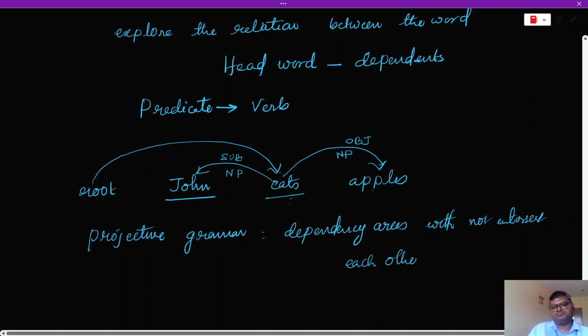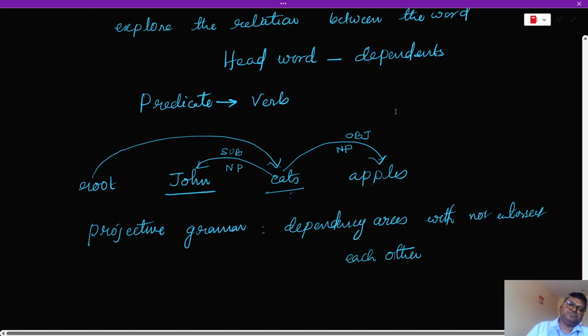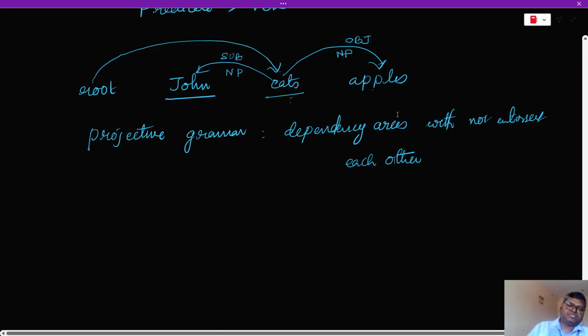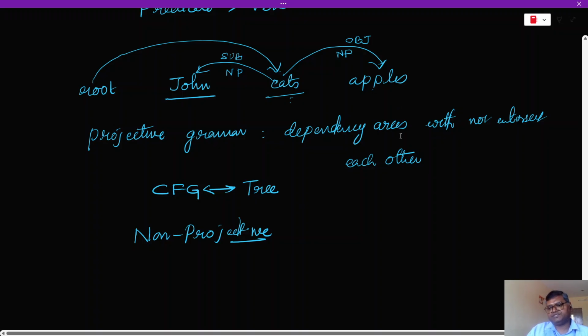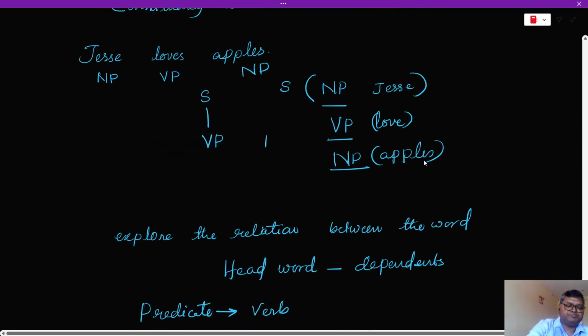If it is a projective tree, we can back propagate and find the corresponding grammar. But if it is non-projective, that means they intersect each other, we cannot get the CFG from the tree. So this is about tree bank, phrase structure tree bank and dependency tree bank.